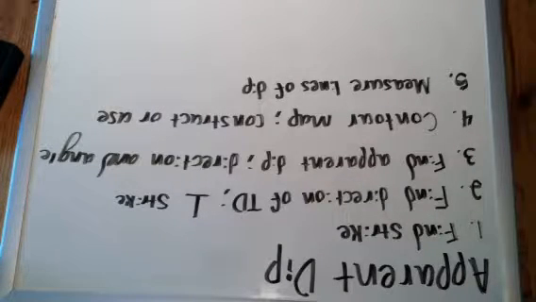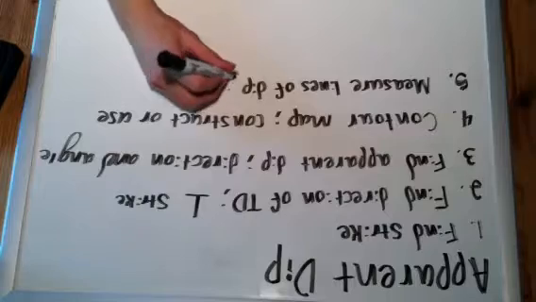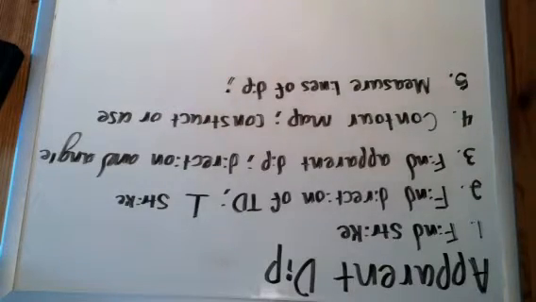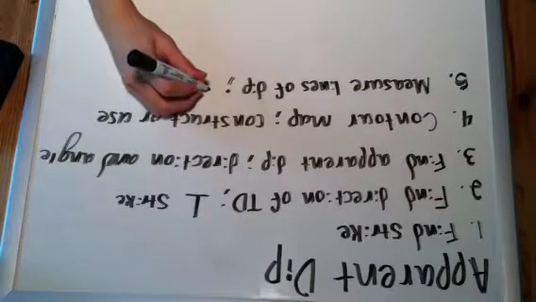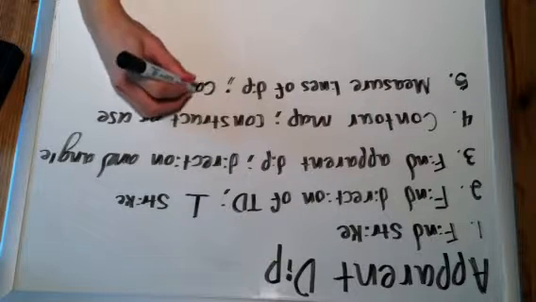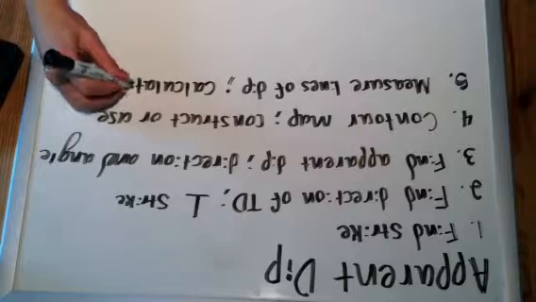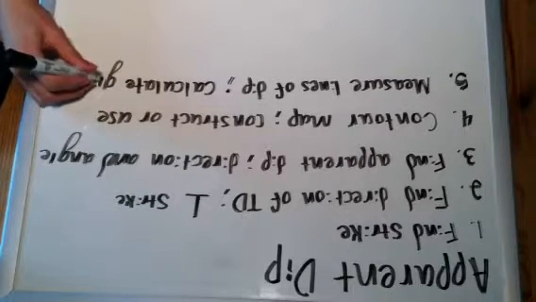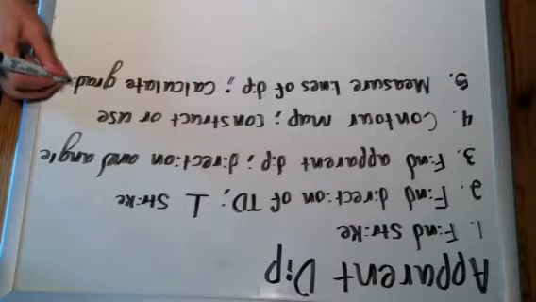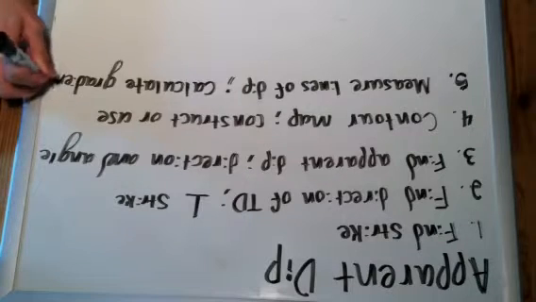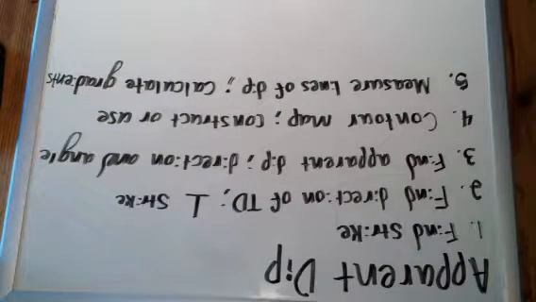So once you've measured those, I'll put this in the same step, just calculate the gradients, which is once again just using the measurements of the contours divided by the measurements of the horizontal distance that the dip runs.